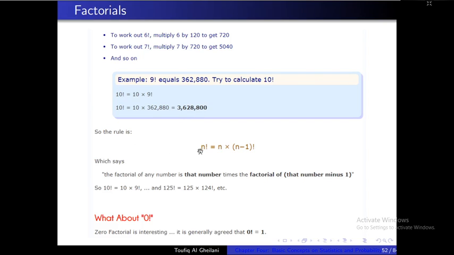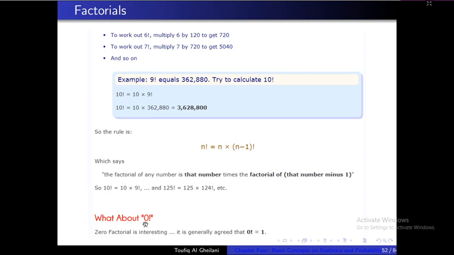So the rule is n factorial equals n times (n minus 1) factorial, which says the factorial of any number is that number times the factorial of that number minus 1. So 10 factorial equals 10 times 9 factorial, and 125 factorial equals 125 times 124 factorial. Actually, you can calculate factorials quickly with your calculator.